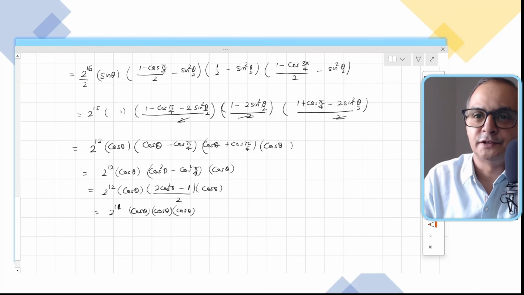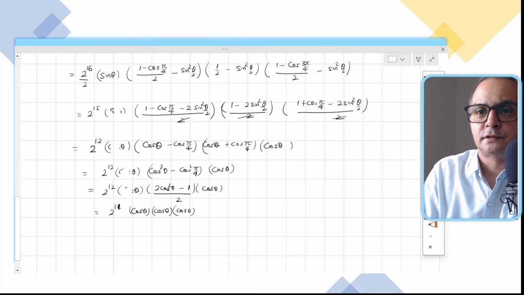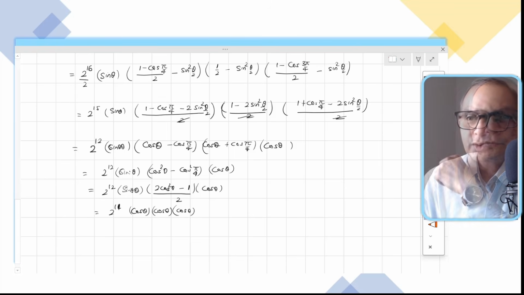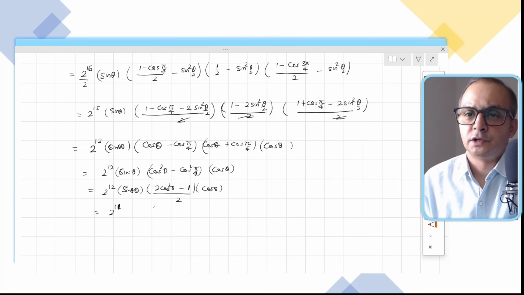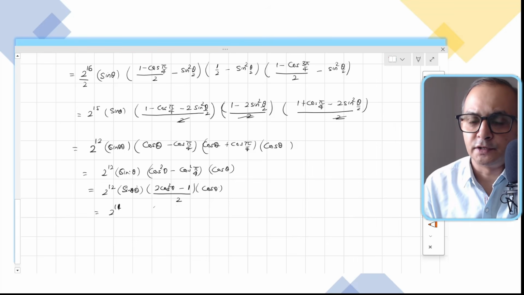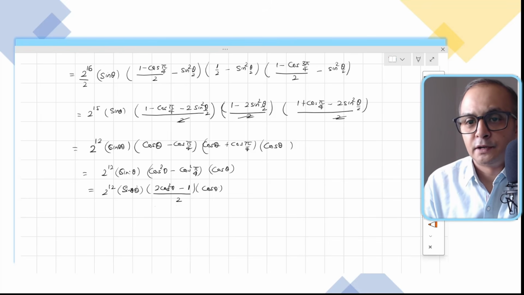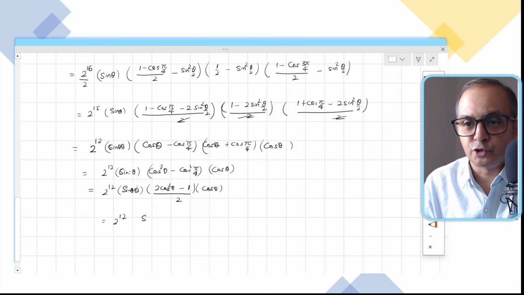This is sine theta, sorry. This is going to be sine theta, and this is again sine theta here. And so this is going to be, notice here, sine theta and cos theta. Okay, let me write it again. This will become to the power 12. Sine theta into cos theta will become sine 2 theta by 2.